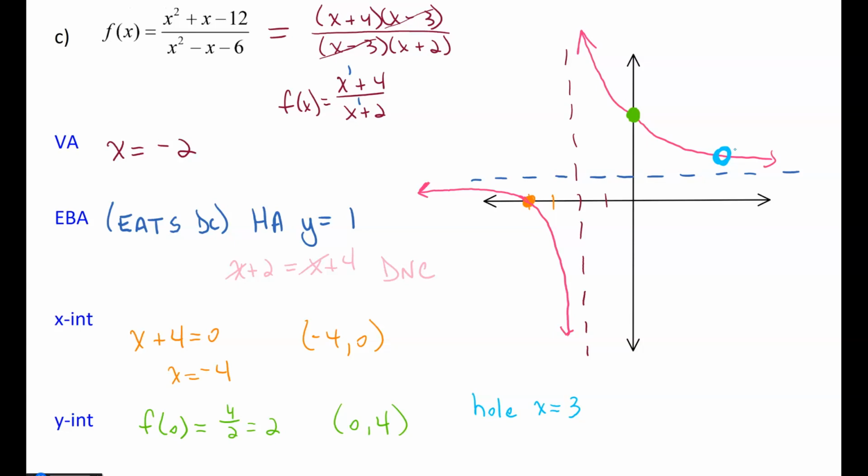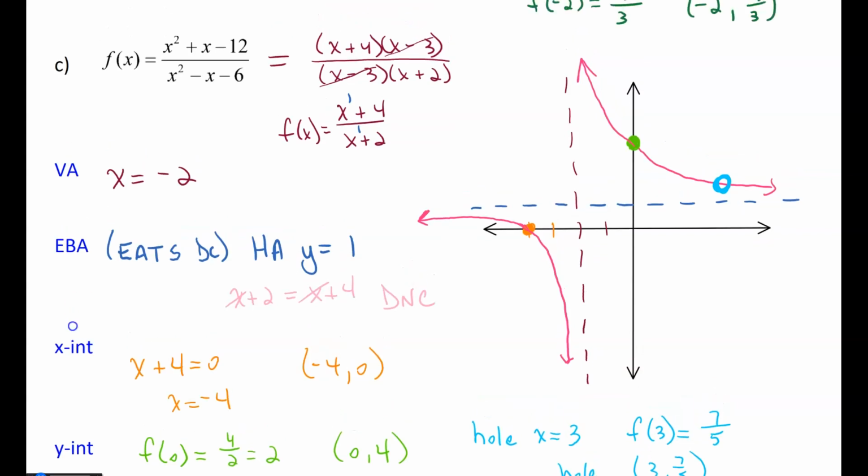And again, we can find that exact point by plugging into the simplified form. f of 3 is equal to 3 plus 4 is 7, and 3 plus 2 is 5. So 7 fifths. So again, our hole is at (3, 7/5). Right.